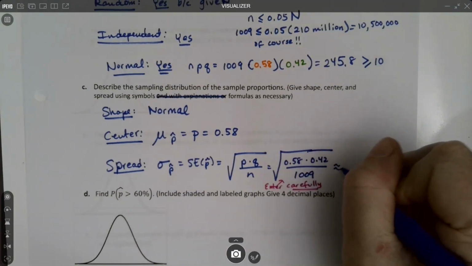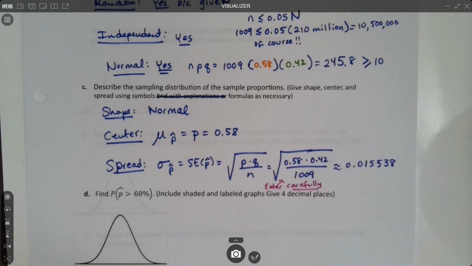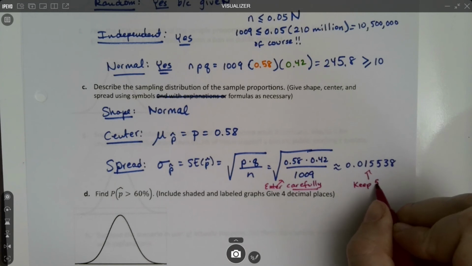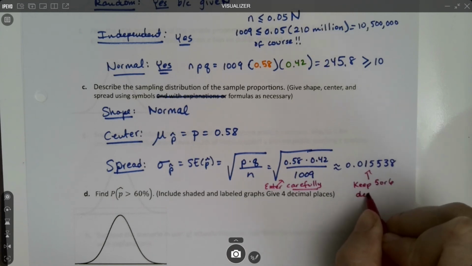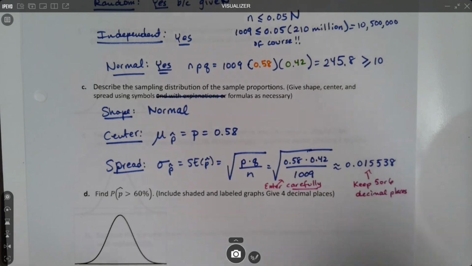So we're going to go 0.015538. Again, keep a lot of decimals. Keep 5 or 6 decimal places. Actually, I would say 6, sometimes 5, but at least that much.